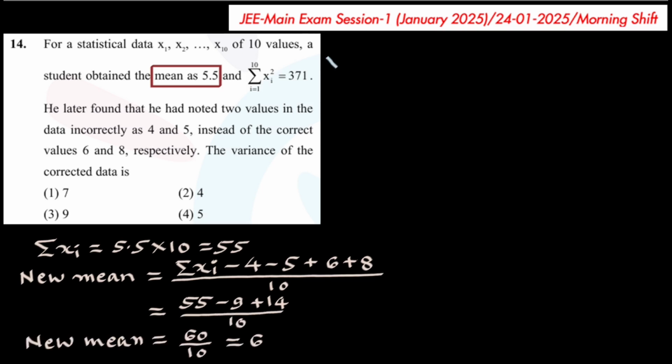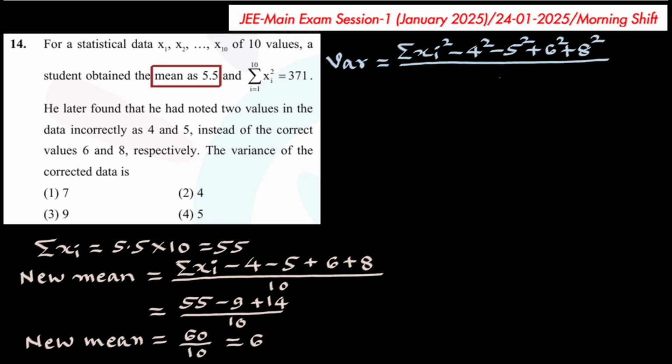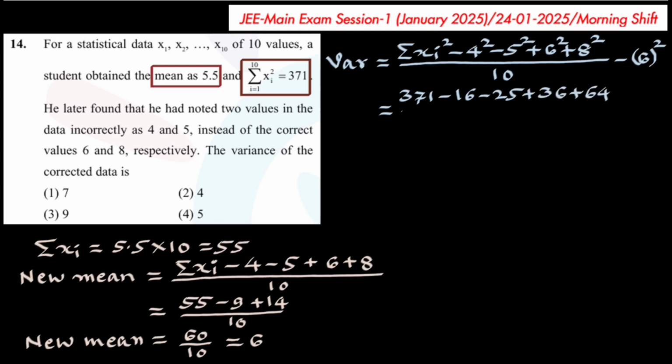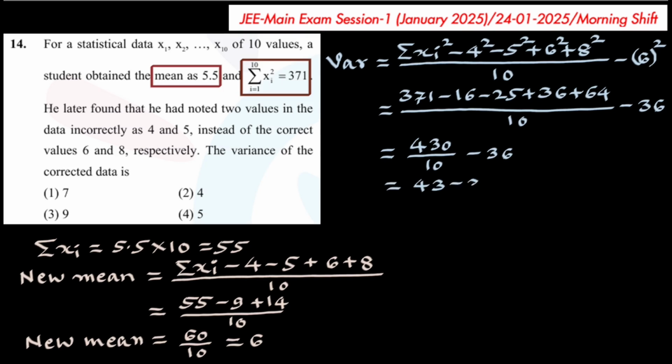Now we have variance equals summation xi square minus the squares of the wrong readings 4 square and 5 square plus the squares of the correct values 6 square and 8 square upon 10 minus the new mean square, that is 6 square. Summation xi square is given to be 371 minus 16 minus 25 plus 36 plus 64 upon 10 minus 36. This will be 430 upon 10 minus 36, 43 minus 36, 7.